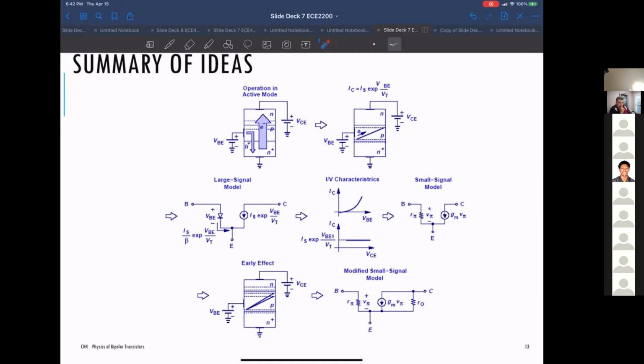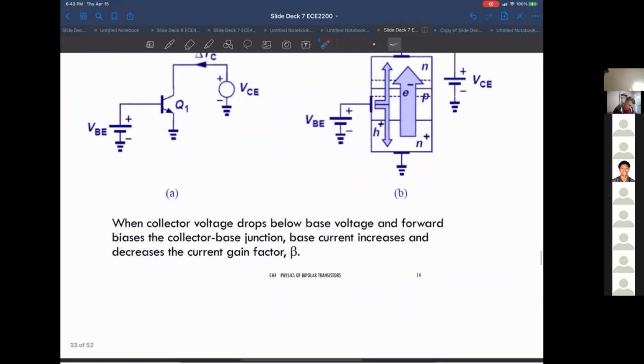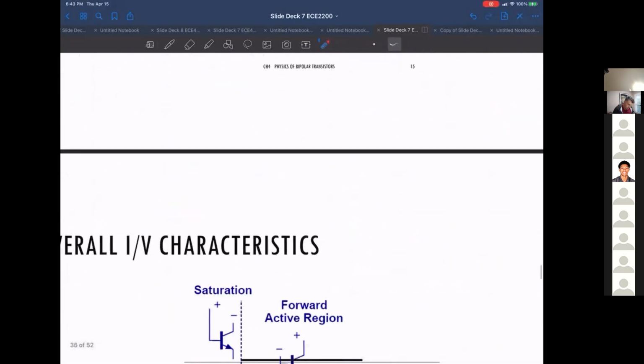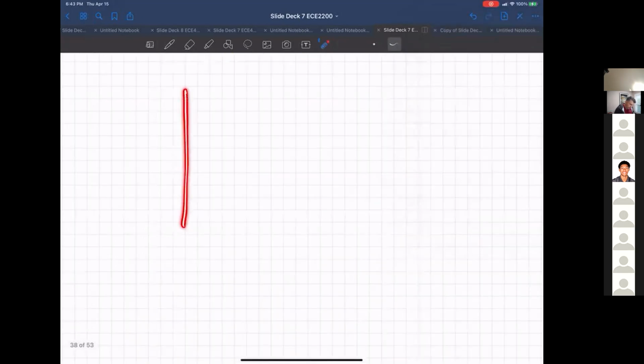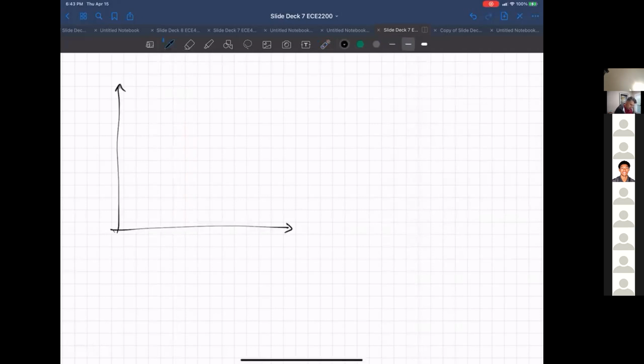Usually, if you're in forward active mode, finding VBE and I sub C is to find G sub M and R sub pi.